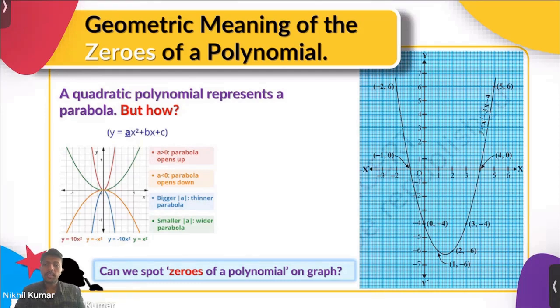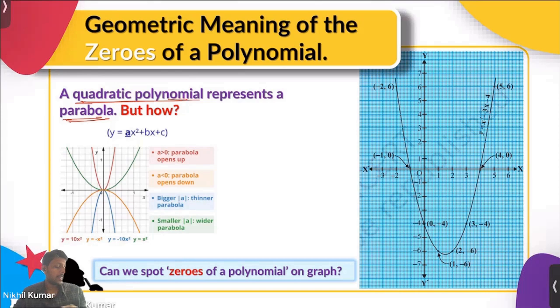Well, it was mentioned earlier that a quadratic polynomial is represented by a parabola on the graph paper. But why should you assume this? Why should you believe this? Do you have a proof? Or can you verify that a quadratic polynomial always represents a parabola?